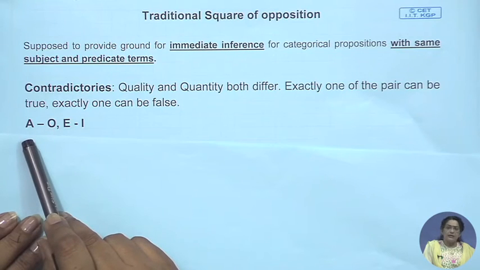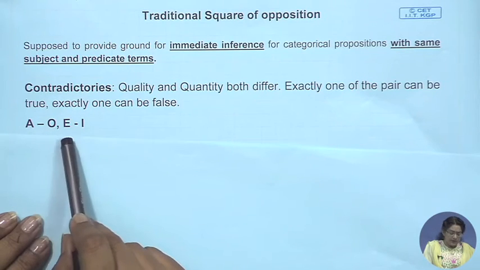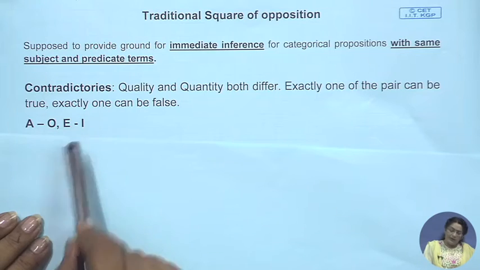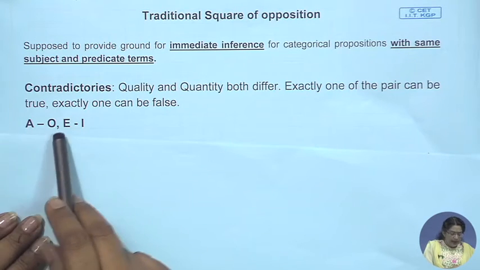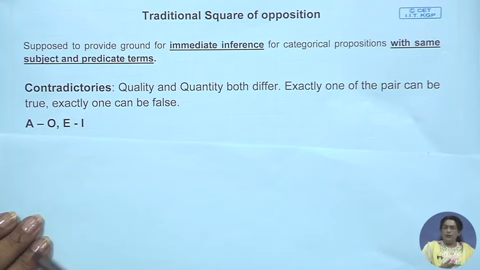If one is affirmative, the other one is negative, right, and the quantity also differs. If one is universal, the other one is particular. So, A and O, quality and quantity differ. E and I, quality and quantity differ, and that is the nature of this relationship called contradictories.